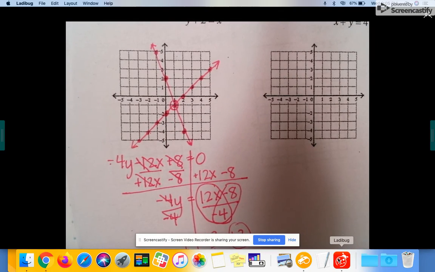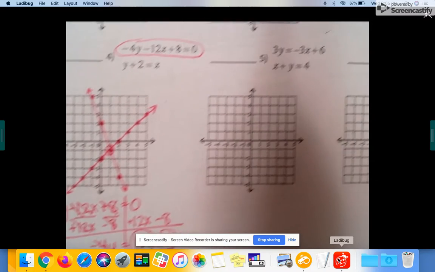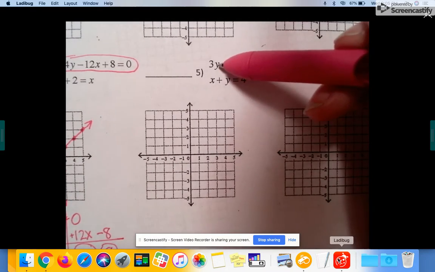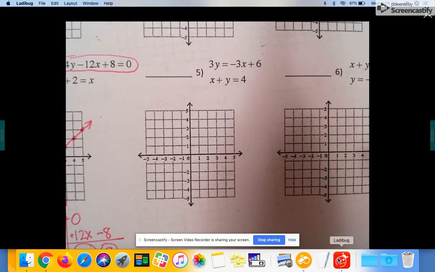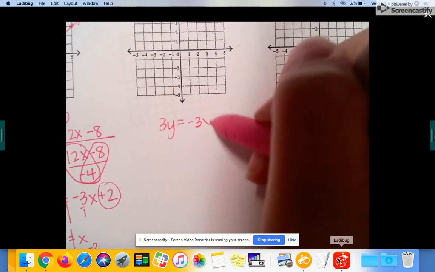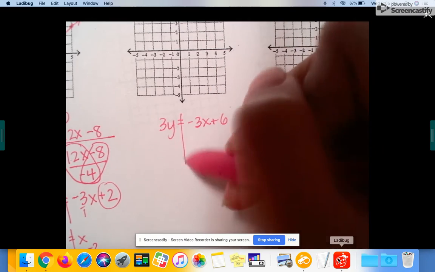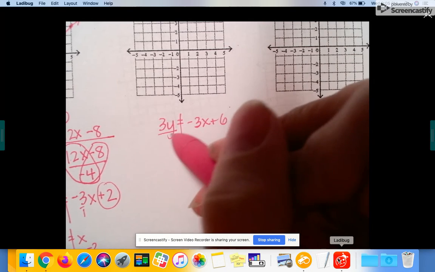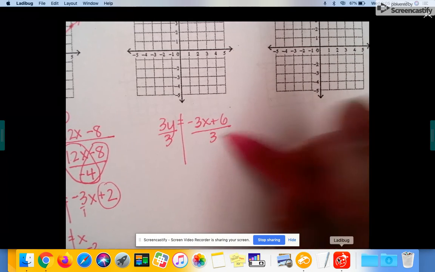Okay, that one's done. All right, the second one that you have to rearrange is almost by itself too. Y is almost by itself. The only problem is it's multiplied by 3. So let's come down here and find some space. 3y equals -3x plus 6. The only thing you have to do to get y by itself is divide by 3 on both sides.